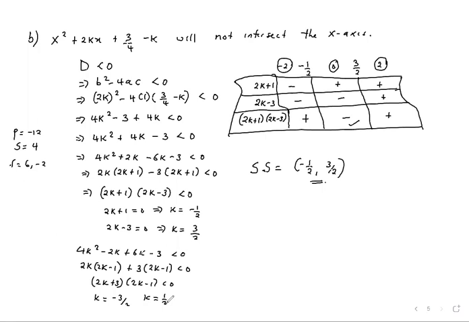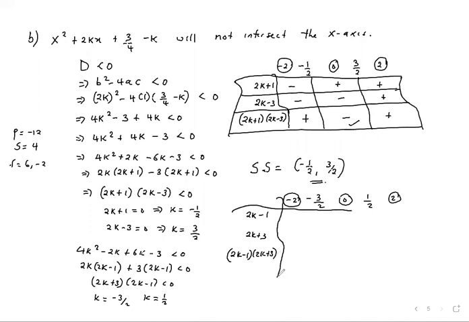Perhaps we do the test. So this is negative 3 over 2 and half. 0 is still in between, and 2 is bigger and negative 2 is less. So we have 2k minus 1, 2k plus 3.